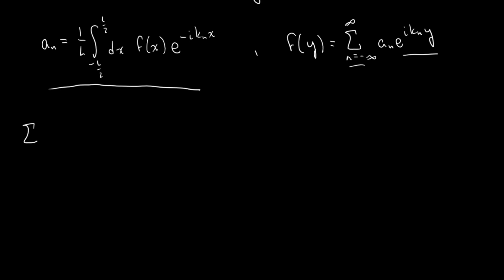On the right-hand side, I get a_n e to the i k_n y, which, as we said, is just equal to f of y.